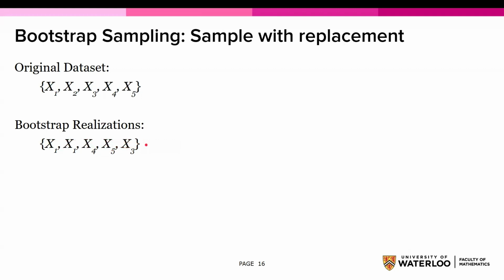The way this is constructed is that every sample we draw from the original data set has an equal chance of becoming the next sample in the bootstrap realization. For another example, here X5 appears twice and X4 doesn't show up at all. Now X3 shows up twice, and again X4 isn't present. These are examples of bootstrap realizations of the original data set.